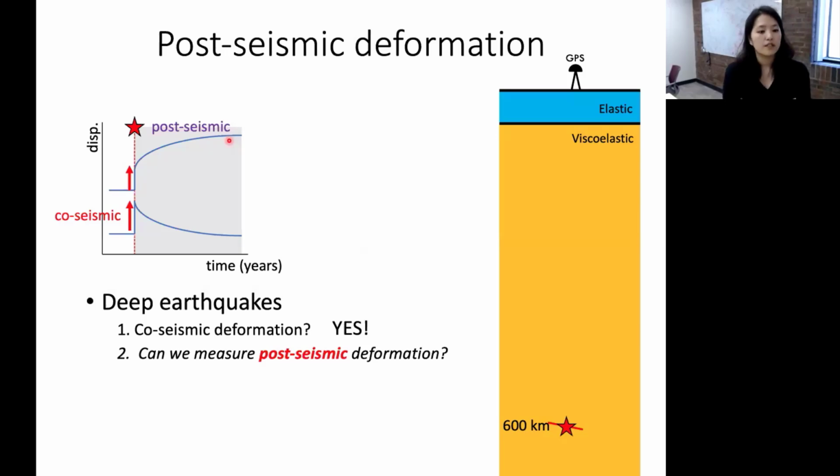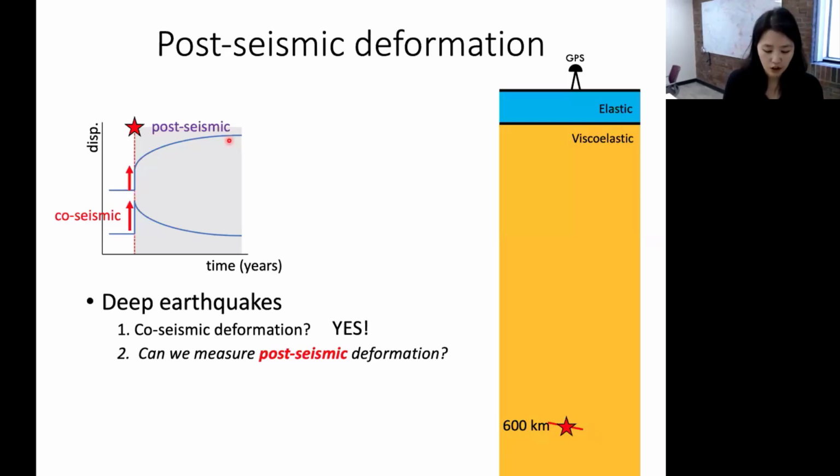Now the question is, can we measure postseismic deformation? When I had this idea, I was just trained as a seismologist, and I was asking around geodesy experts at that time, and I didn't get very encouraging answers.